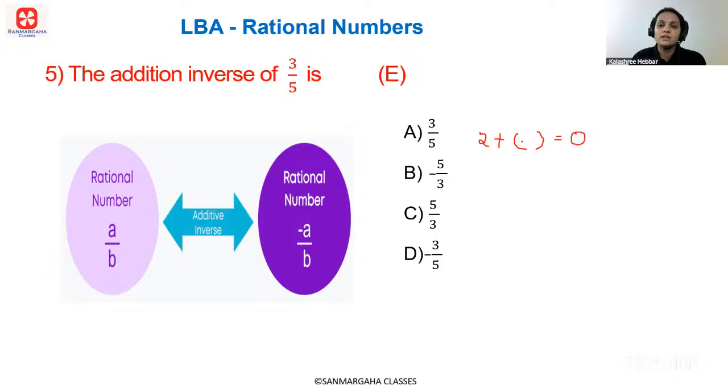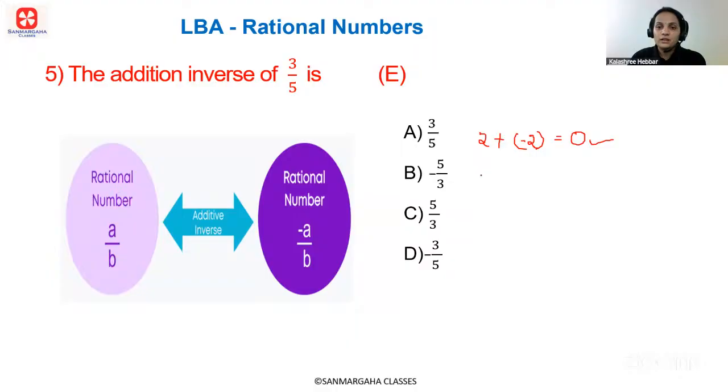So which number is this? It should be minus 2. Correct. Plus 2 minus 2 is 0. So we are getting the answer as 0. What I said is the additive inverse of a number is a number that gives the value 0 when added to it.